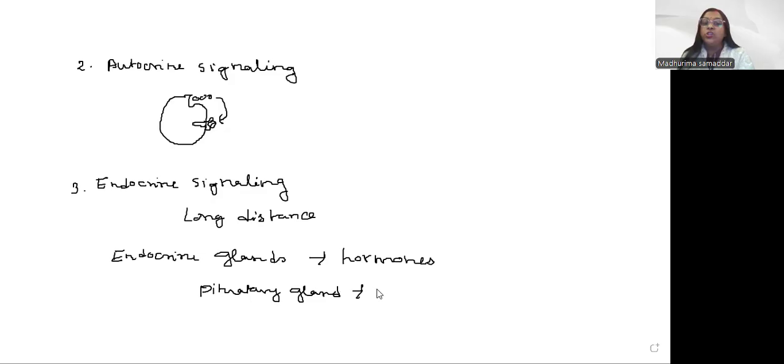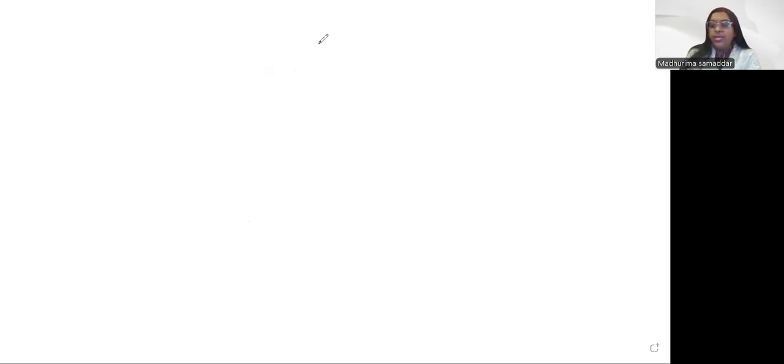It secretes growth hormone that will ultimately cause the growth of the skeleton and the cartilage. Okay, so this is one more type of signaling. And the last one is when the cells are in contact with each other.